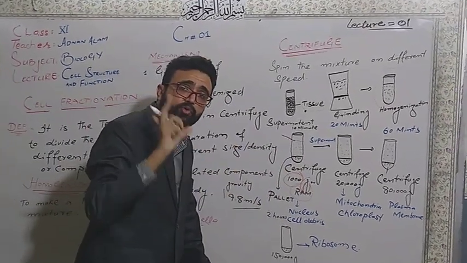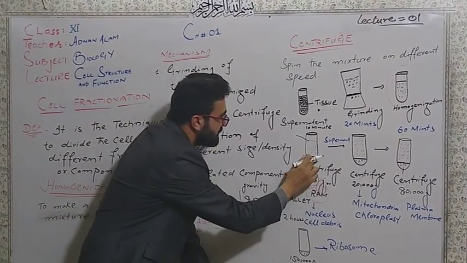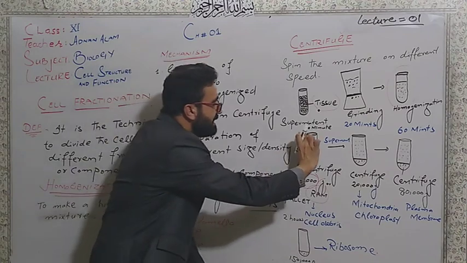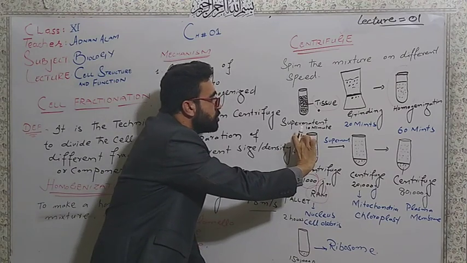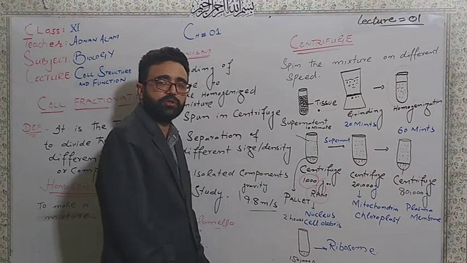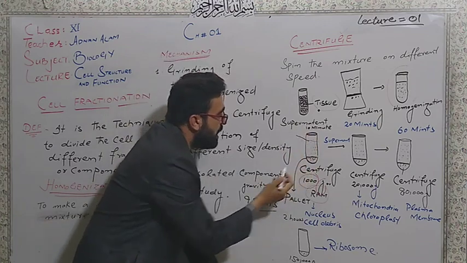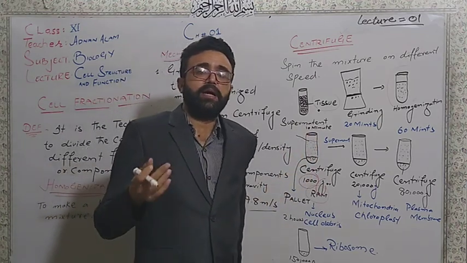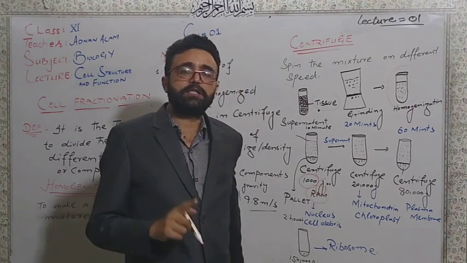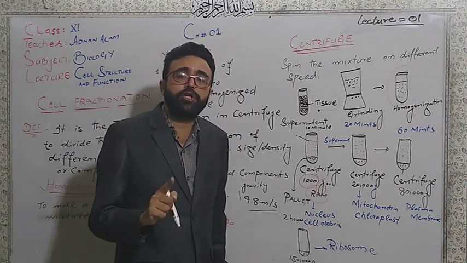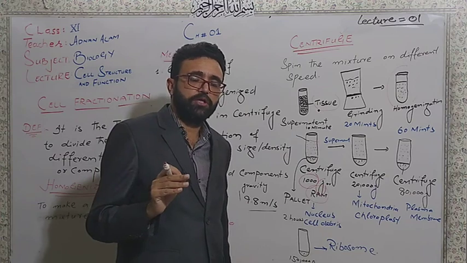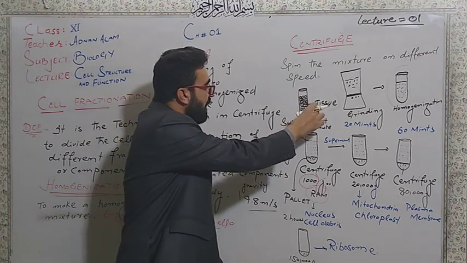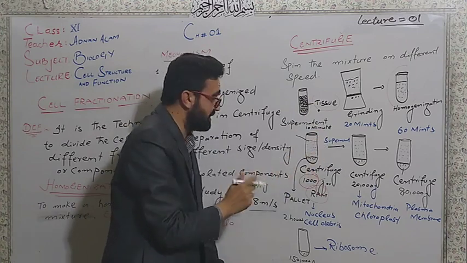Now, two terms you need to learn. This is called the pellet, and this solution is called the supernatant solution. This is the basic rule: if you are spinning a solution at low speed, low gravity, then the heavy particles will settle first.